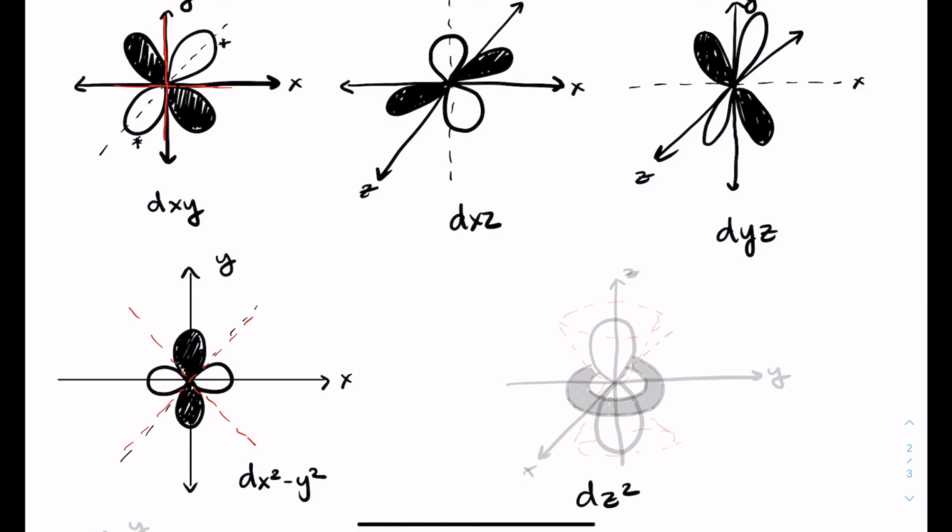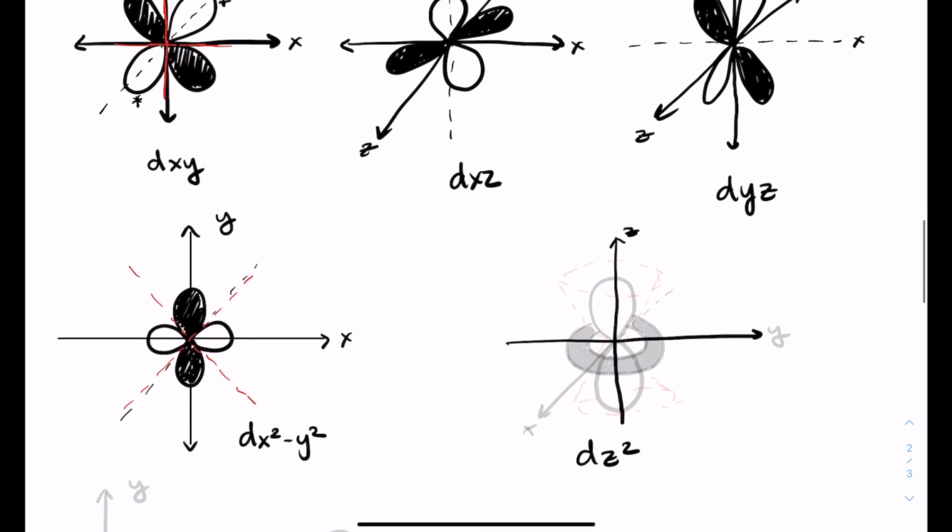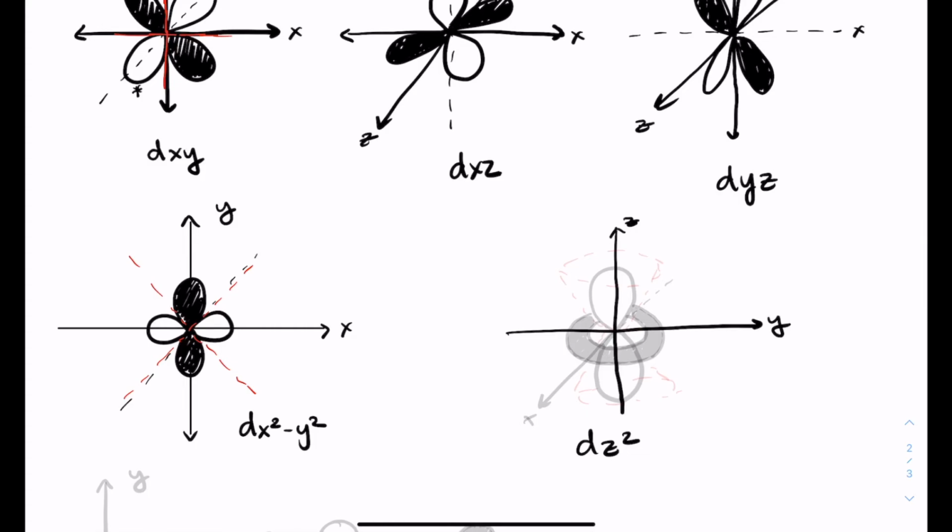Which the more you think about it, the weirder it gets for electrons. So I have 2 pieces here that are completely separated, but it is one orbital. So if I had an electron that I knew was in a dz squared orbital, there's a 90% probability that it's somewhere either in the donut or the lobes, but it can't be in both places simultaneously, because it's only going to be in one place somewhere in there.